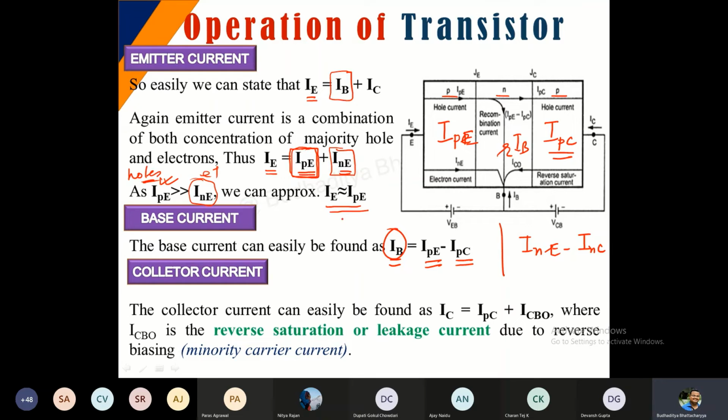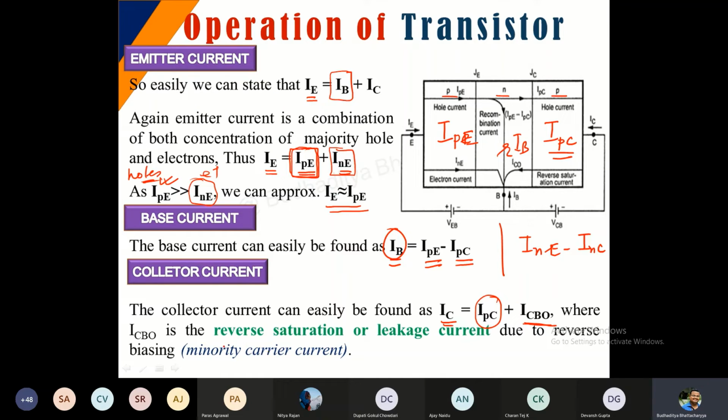So this is the meaning of IE and IB, and the collector current can easily be found out: IC, which is a combination of IPC plus ICBO. This is what I was talking about. So IC, the collector current, is actually a combination of the majority carrier current, which is there over here, plus some amount of leakage current.